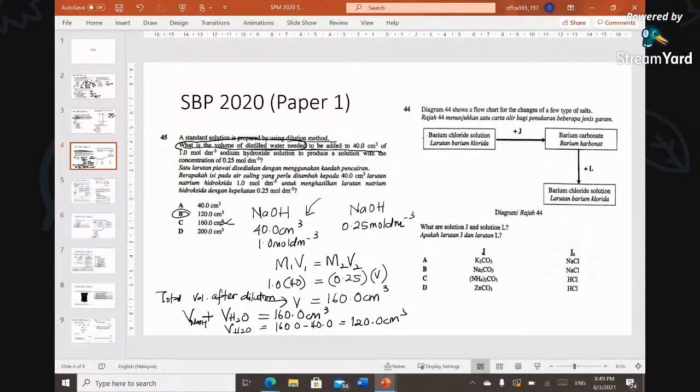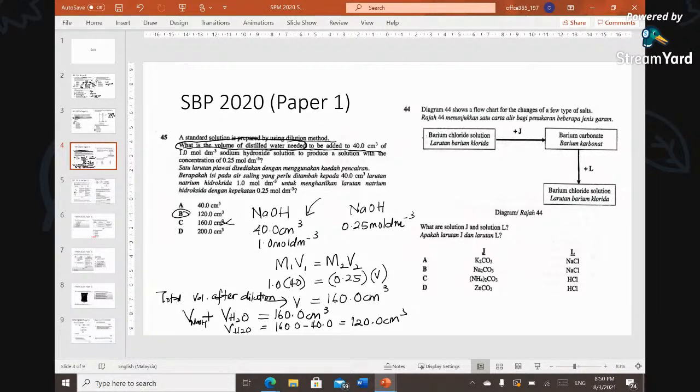Okay. Question 44. Diagram 44 shows a flow chart for the changes of a few types of salt. Okay, barium chloride plus J, you will get barium carbonate. Okay, so barium carbonate plus L, you get barium chloride solution. What are solution J and solution L?